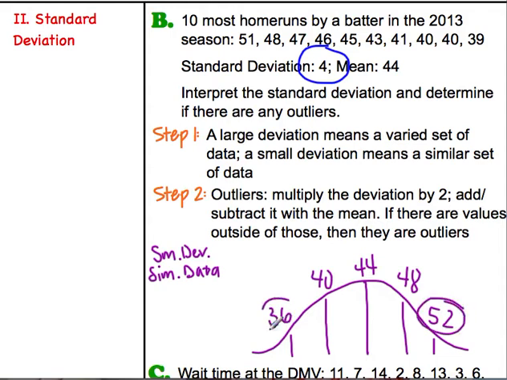If I subtract it, I get 36. If there are values that fall above or below those high and low values, then you have outliers. As I look here, my highest value is 51, my lowest value is 39, neither of which fall in there, so I'm going to go ahead and say no outliers.